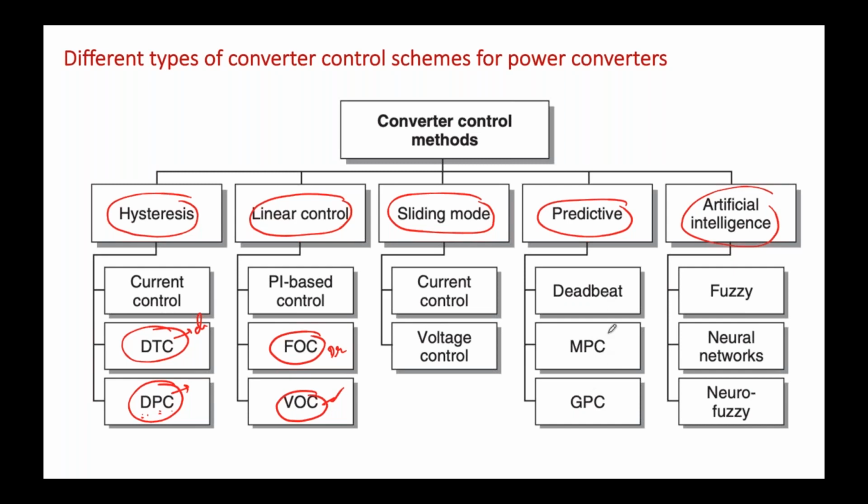Compared to other methods, the predictive control method has become so popular in drives applications. Fuzzy logic, neural network, neurofuzzy methods are adopted in domestic applications like washing machines, fridges, ACs, for AC drive and motor drive control.